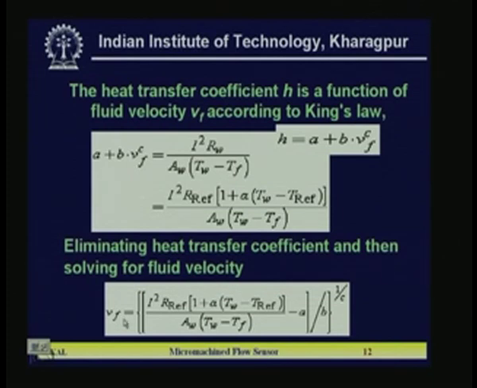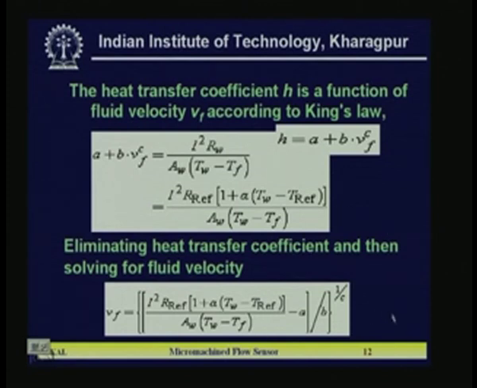I square R is one parameter, AW the area is known, and TW minus TF, the resistance and fluid temperature difference, will be there. We need a high alpha to get more sensitivity. The fluid velocity and the constant current flowing through the film heater as well as the sensing element are related with Vf like that.